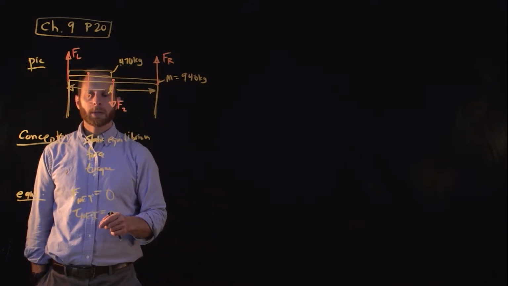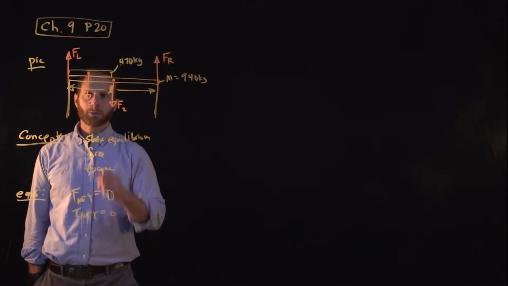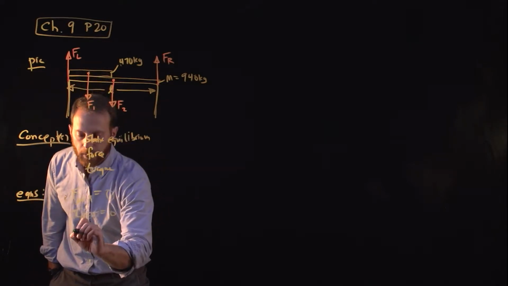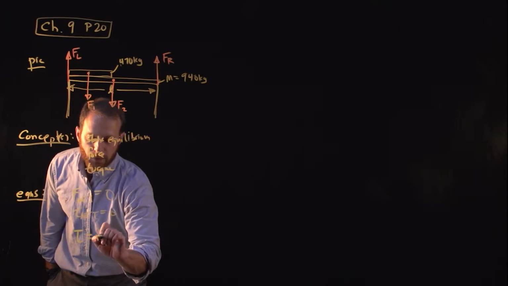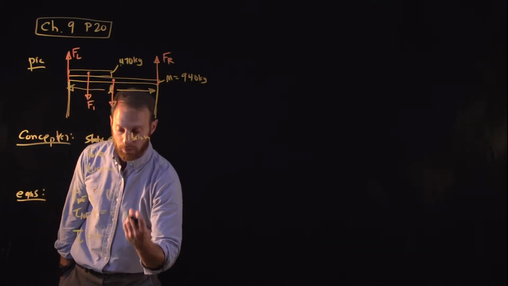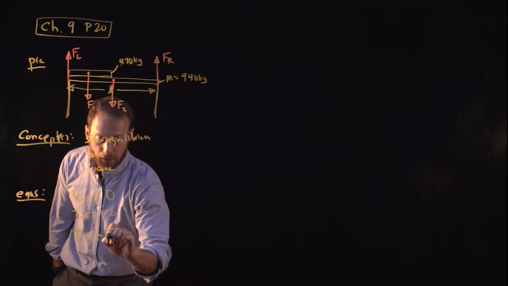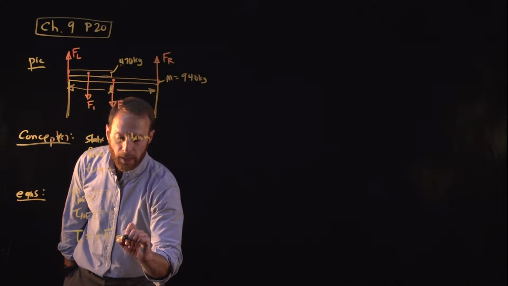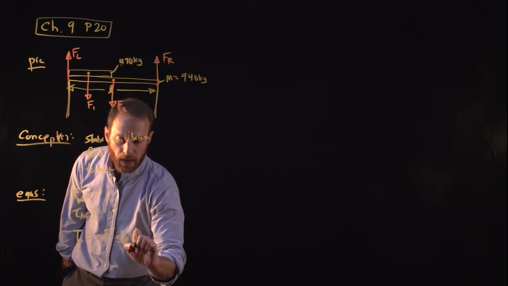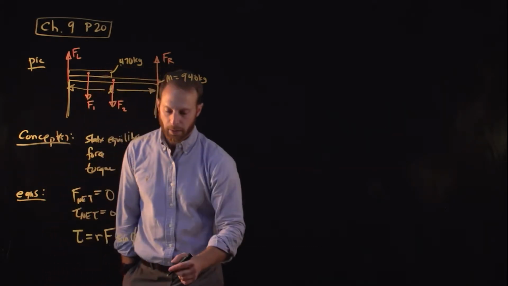What we're also going to need is the actual definition for torque. So torque in general is going to involve a distance from the axis of rotation to where the force is applied, r, times the magnitude of the force F, and there is a sine of phi, and there's a picture corresponding to that.